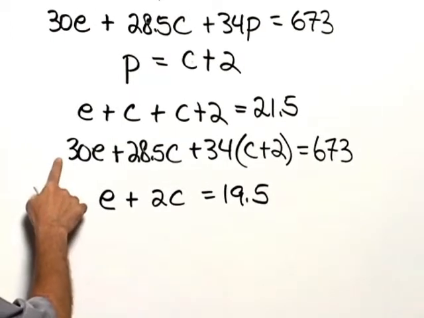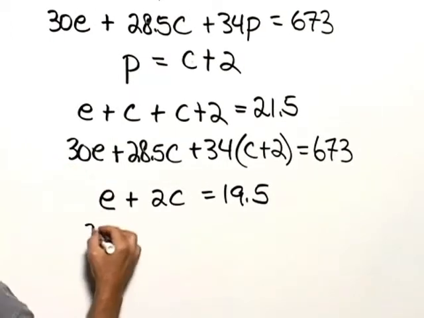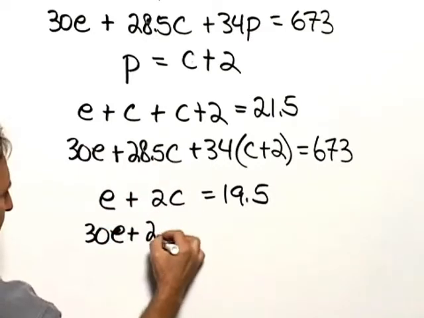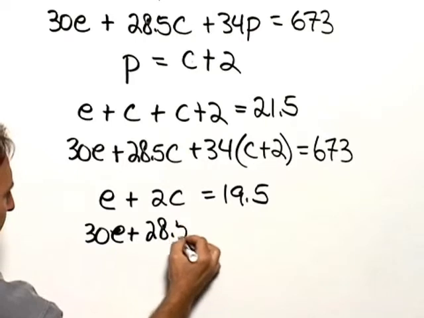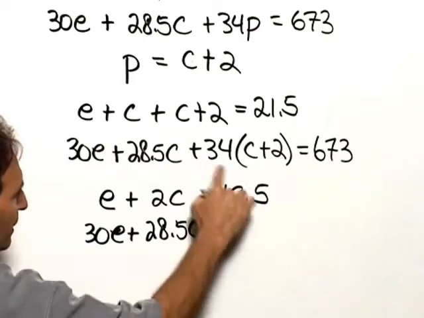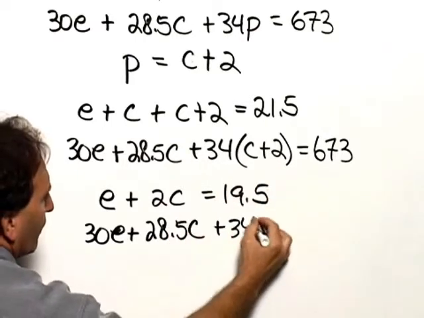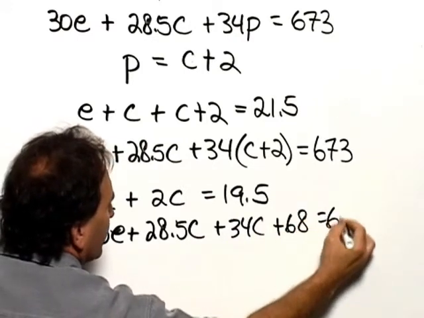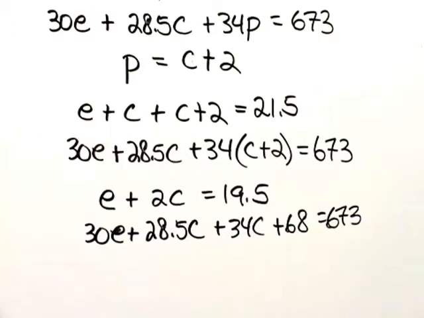Simplifying this equation, we would have the 30E, we would have 28.5C plus 34C plus 68 equals 673. Well, we can simplify that further by combining these like terms.